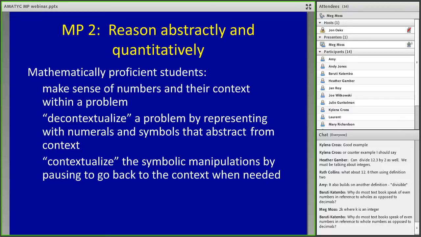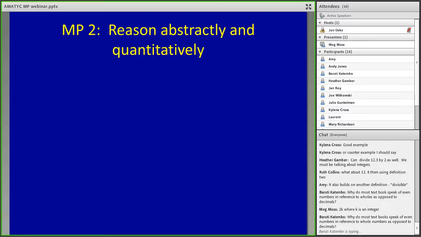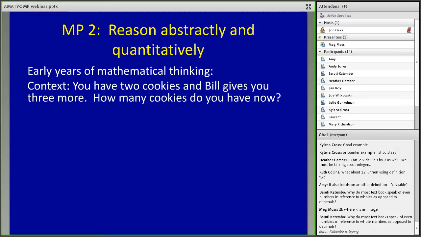So let's look at this. So in the early years of mathematical thinking, what that means is that you have a context, right? You have 2 cookies, Bill gives you 3 more. How many cookies do you have now?